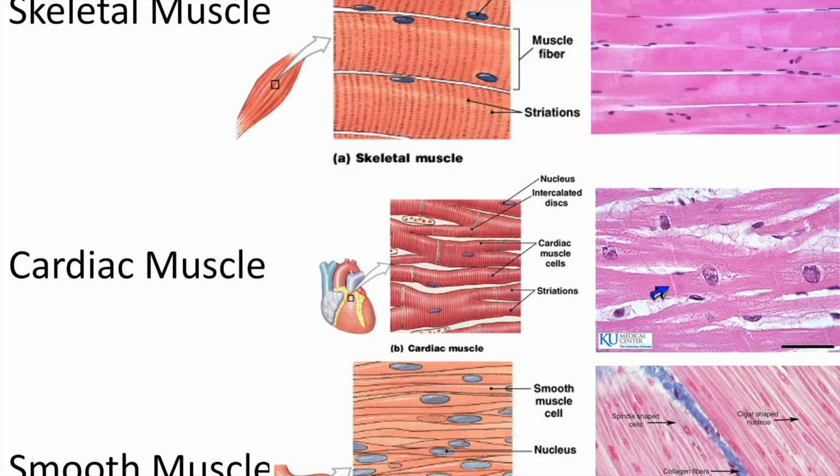So skeletal muscle, which is found in all of your voluntary muscles, is striated. That's referring to these thin lines that you're seeing here that are running from one side of the cell to the other.